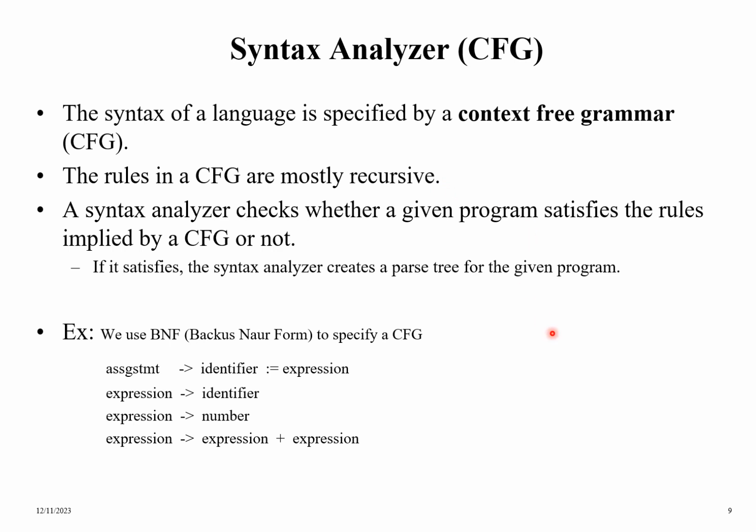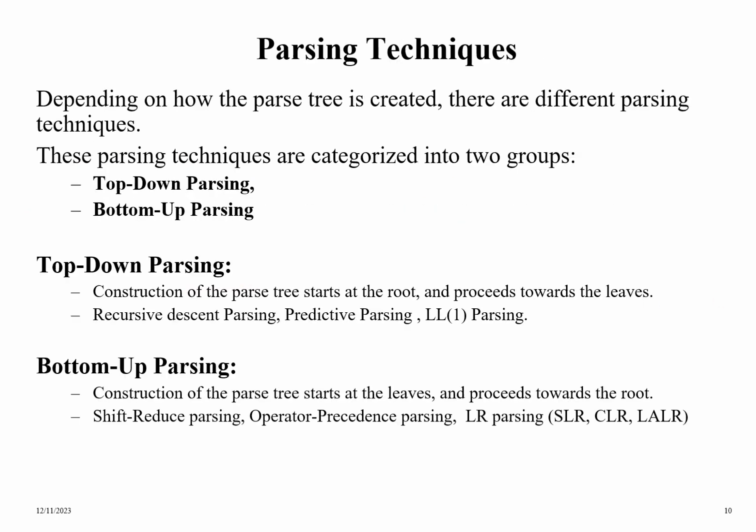As mentioned earlier, the input is a token for the syntax analyzer. So I'm going to validate the given token, whether it is parsed or not. To validate the given token, I need a context-free grammar in the syntax analyzer part. So the syntax analyzer checks whether the given program satisfies the rules implemented by the context-free grammar or not. If it is valid, then it generates a parse tree. If it is not valid, it does not generate a parse tree.